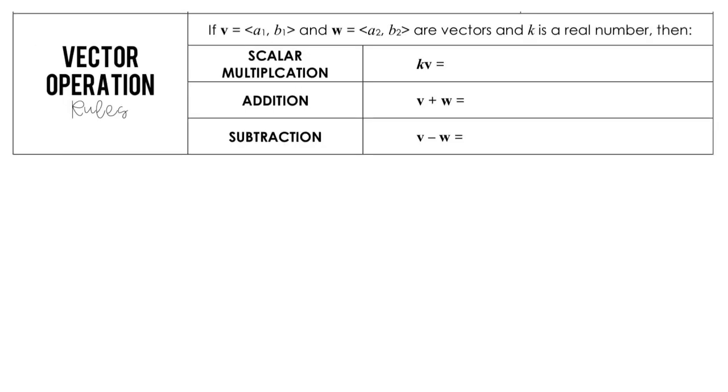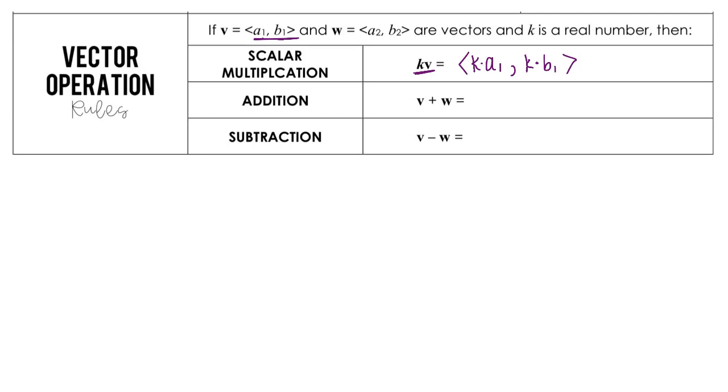Now for vector addition, scalar multiplication, and subtraction, it is very straightforward in the process that you go through. If you had vector v, and notice that v is given to us as a sub 1, b sub 1, then if I wanted k times v, that's just going to be the product of k times a sub 1 and then k times b sub 1.